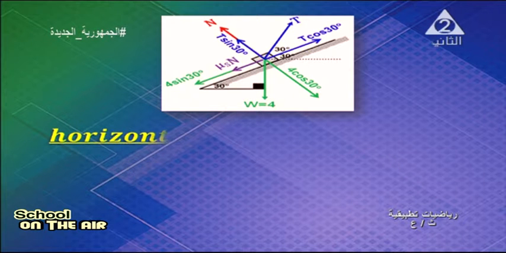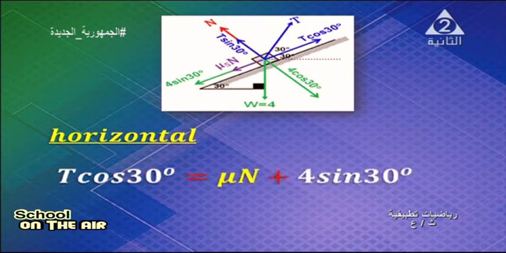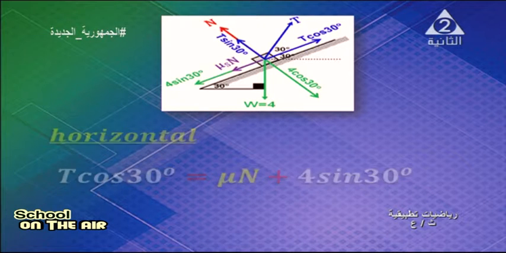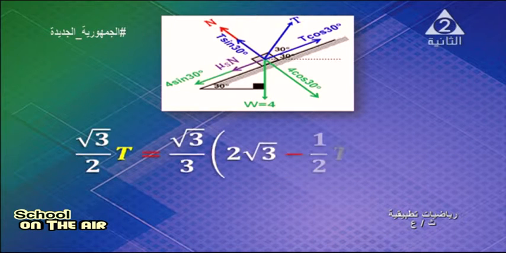Equation 2, in the horizontal, T cosine 30 equals mu N plus 4 sine 30. We know that sine 30 equals 1 over 2. This equation becomes root 3 over 2 T equals root 3 over 3 times (2 root 3 minus 1 over 2 T) plus 2.